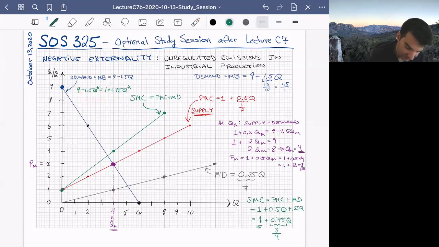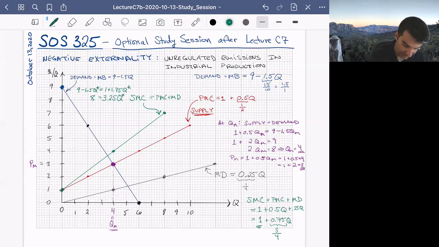I'm sorry that I do those simultaneously, but I'm trying to save a little space. I'm going to manually do the math here, just because I never do math correctly when I'm being watched. I get that 8 is equal to 3.25 q star, where q star is the socially efficient quantity of this good that's exchanged.